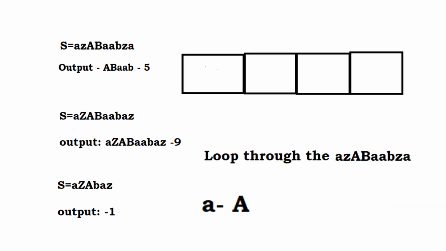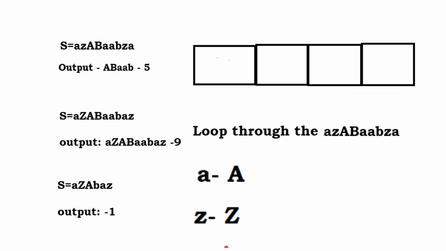First character is A, the lowercase a. So we check whether the uppercase A exists in the string. Yes, it exists. So we move to the next character Z. If we check the string, the uppercase Z is not available in the string.